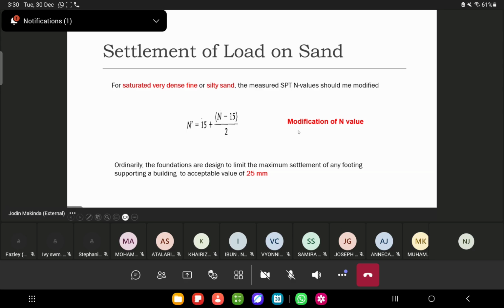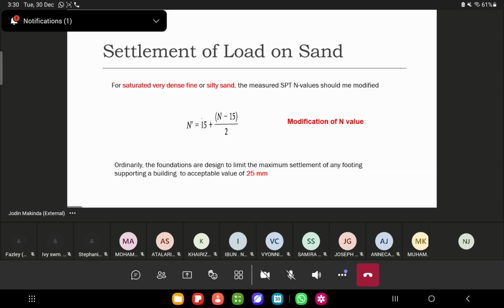Okay. Another thing, before I give you a last example, is that the SPT value also needs to be modified, especially if the soil is dense or silty sand. This is the formula to modify the N value. The reason why it's modified is because you want to standardize the effect of the hammer's weight to the type of the soil.